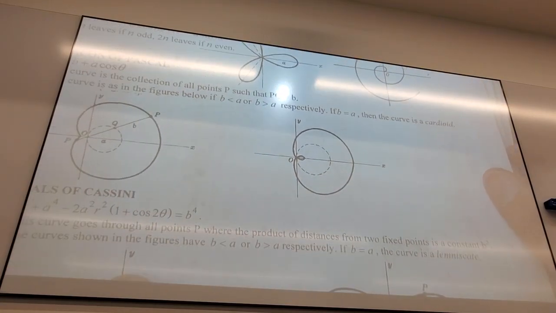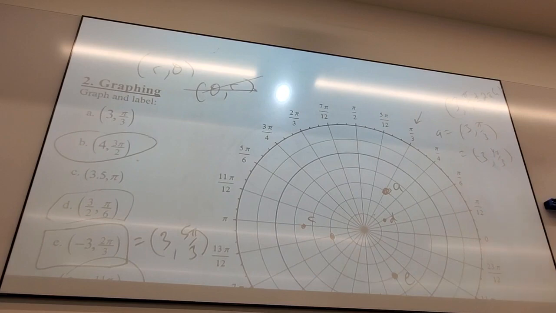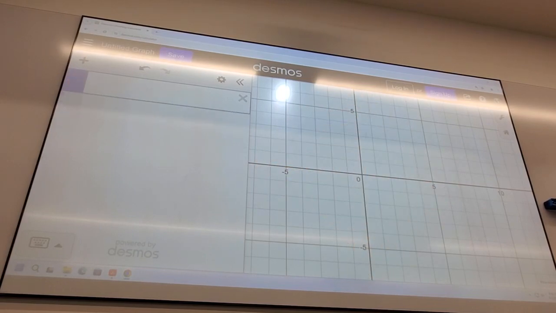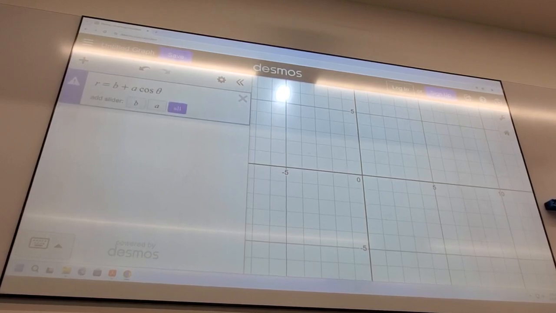Anyway, what gets really nifty is the last thing I'll show you. Just to remind you, it's kind of nifty playing around with Desmos. If I put just letters in, I can add sliders.